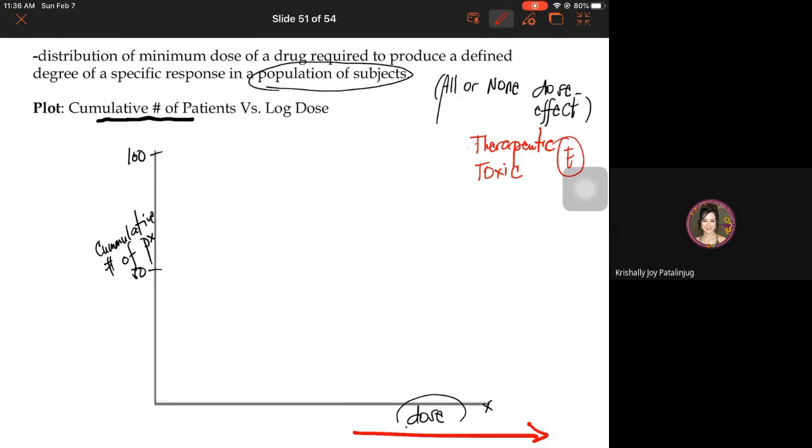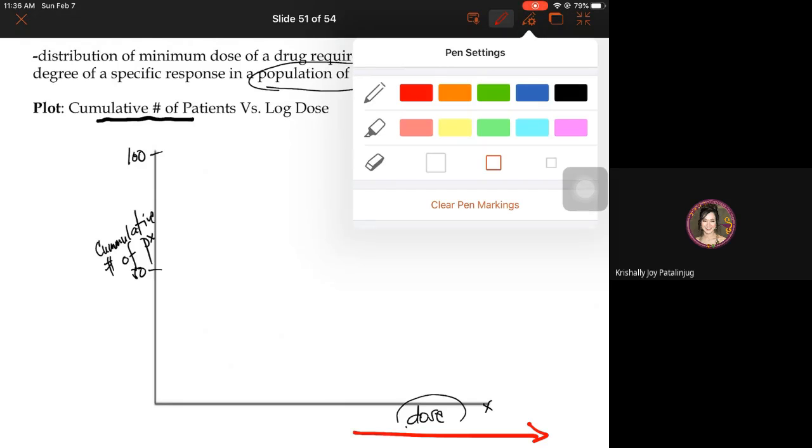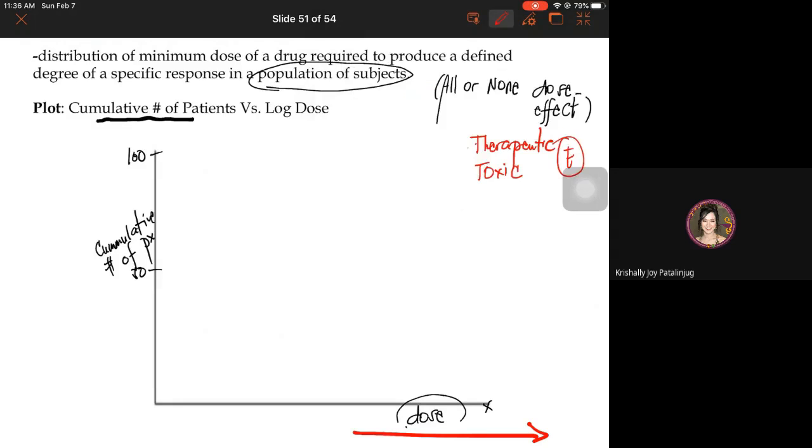All right. In short, the quantal dose response curve only plots the response of a drug to a group of respondents showing a therapeutic effect or a toxic effect as a function of its dose.